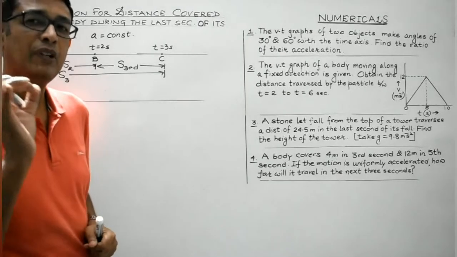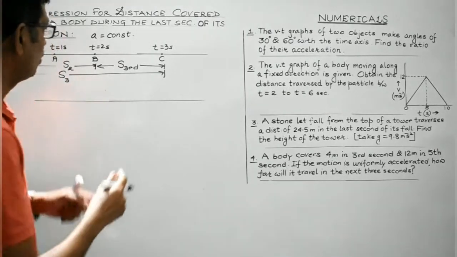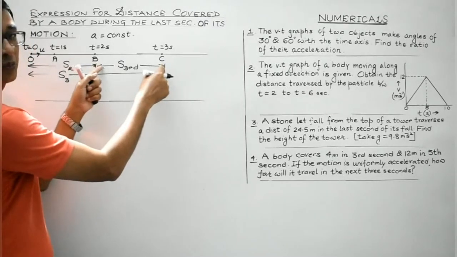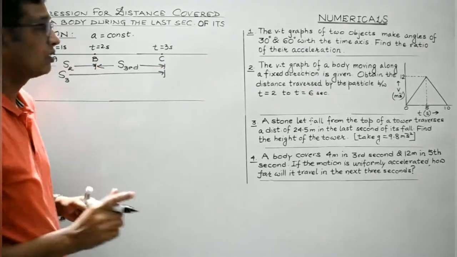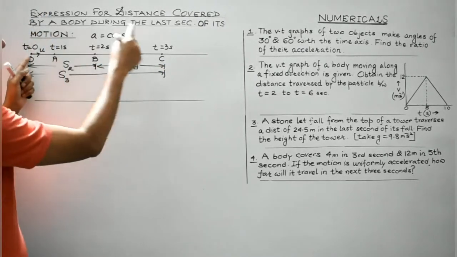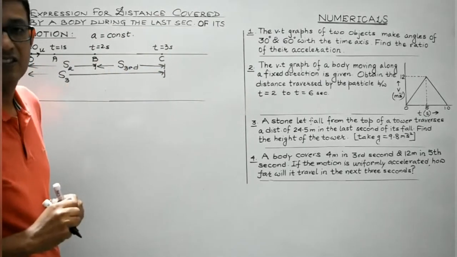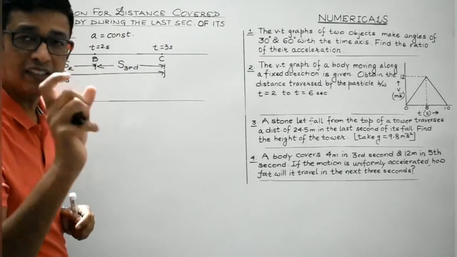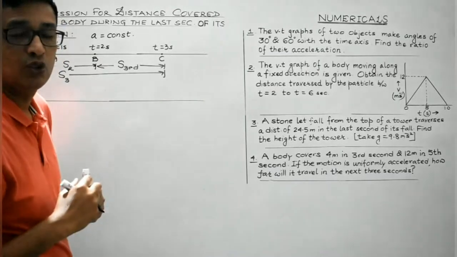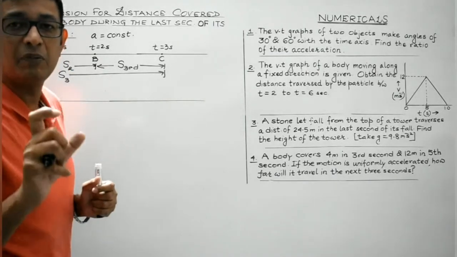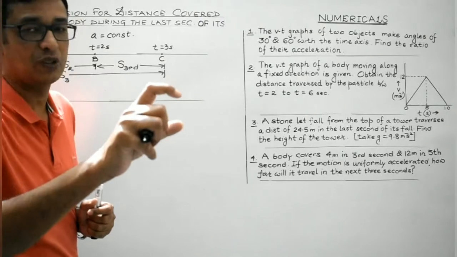So this is a simple illustration. Our objective is to find out this expression, isn't it? Suppose the body covers this distance OC in time 3 seconds. So it has taken 3 seconds to complete its journey. We need to find out the distance covered by the body during the last second of its motion.